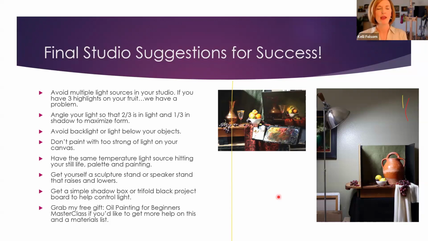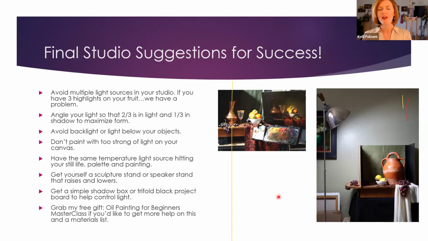Okay, but here are some technical tips on lighting and still life setup in the studio, because one thing I've learned myself as a student and also teaching so many artists is that the lighting situation can really screw up a painting real fast.